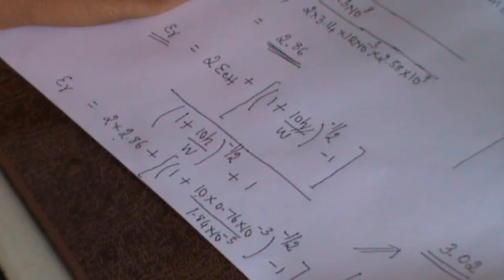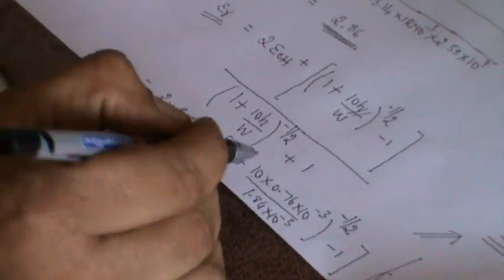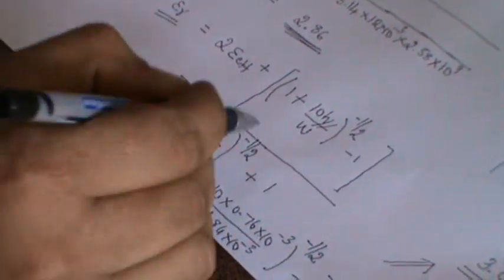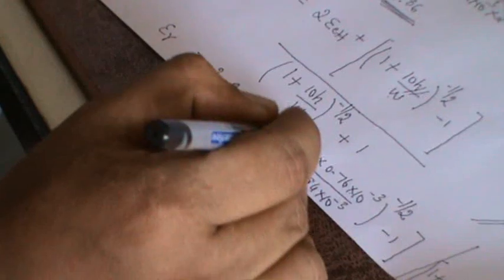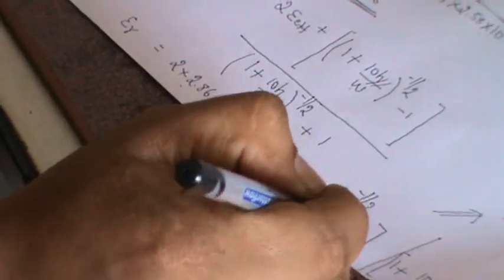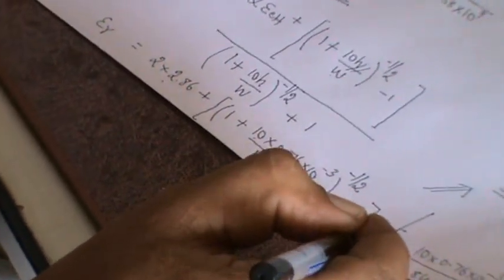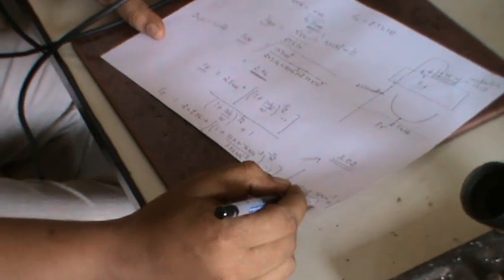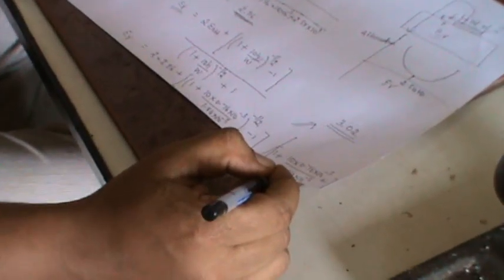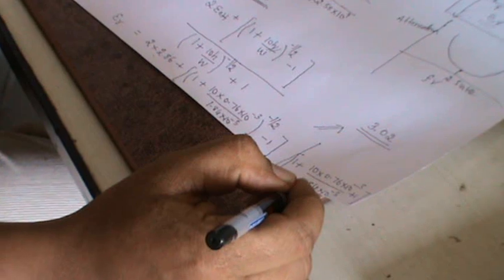The height of the substrate is 0.76 mm, divided by W. W is the width of the strip. It is 1.84 mm. 1.84 mm whole to the power minus half, minus 1 whole, divided by 1 plus 10H. H is 0.76 mm divided by W. W is 1.84 mm.